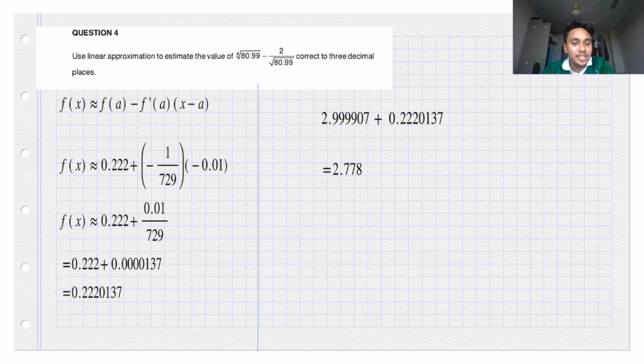So we change it into decimals. So 0.222 plus 0.0000137. So we're going to get 0.2220137. After that, we're going to add the two numbers. So 2.999907 plus 0.2220137. We're going to get 3.2219207.